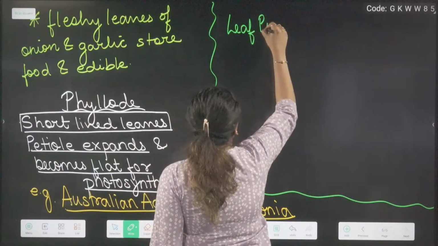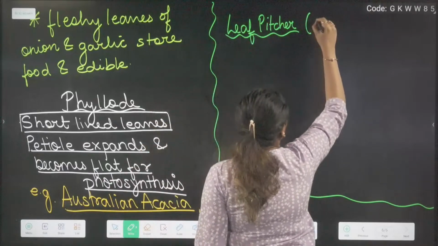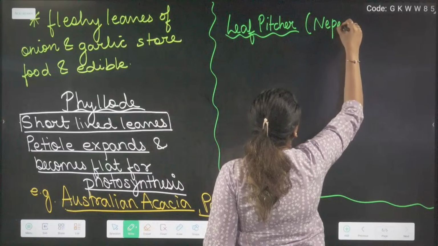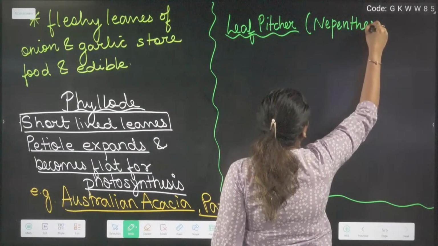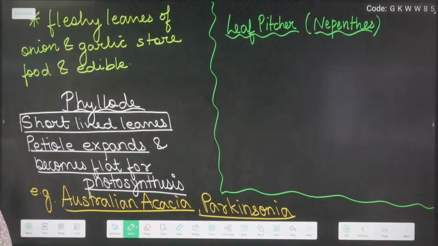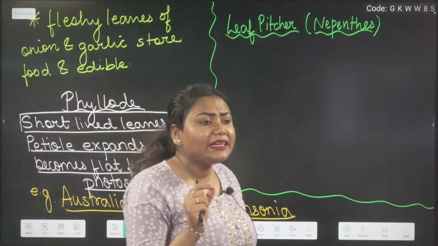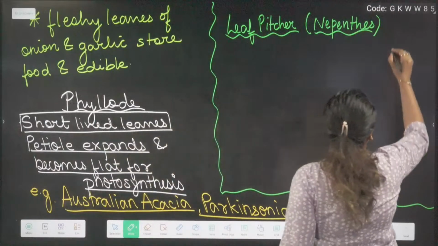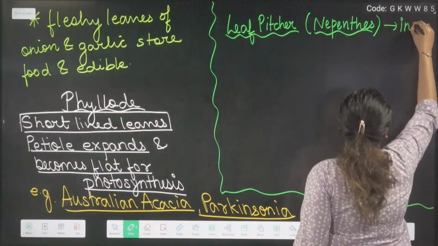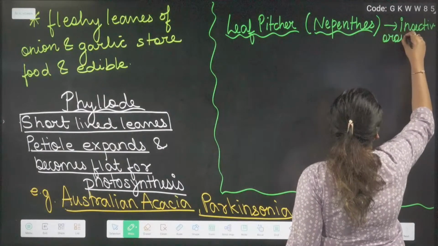Our next example is leaf pitcher. Leaf pitcher is known as Nepenthes. What happens in leaf pitcher? It is an insectivorous plant.